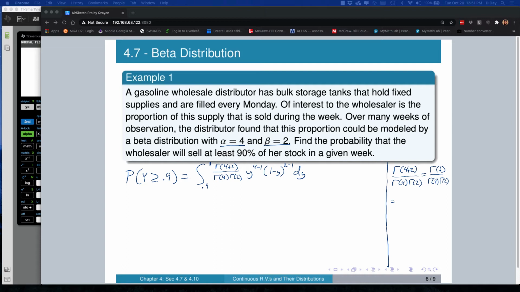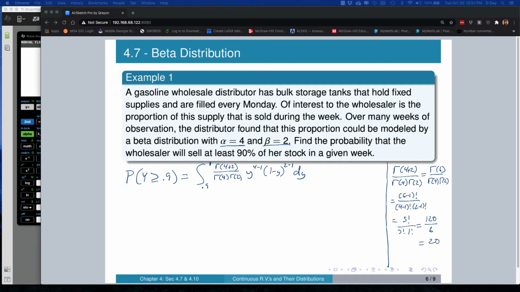So this is really equal to 6 minus 1 factorial over 4 minus 1 factorial times 2 minus 1 factorial, which just gives us 5 factorial over 3 factorial times 1 factorial, which should give me 120 divided by 6, which should give me about 20.